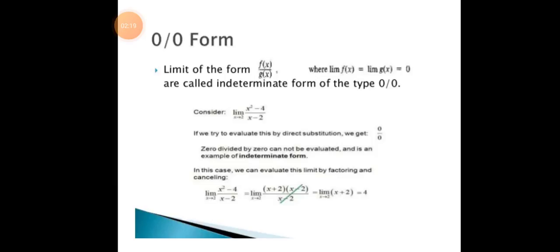If we try to evaluate this by direct substitution, we get 0 over 0. 0 divided by 0 cannot be evaluated and is an example of indeterminate form. In this case, we can evaluate this limit by factoring and cancelling. So we need to factor to cancel.